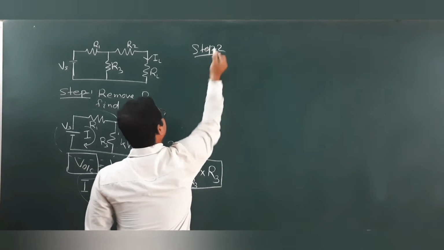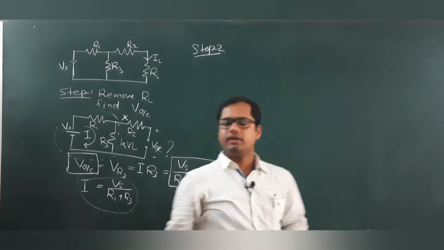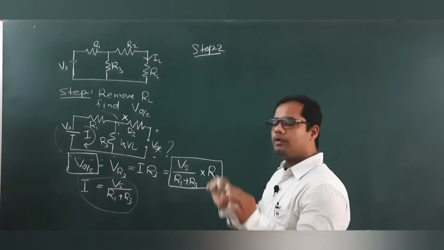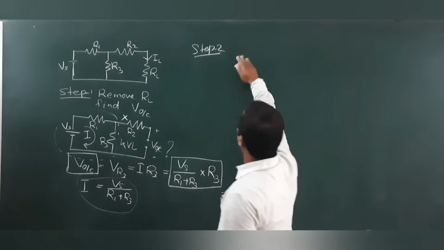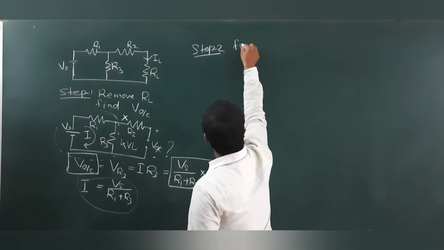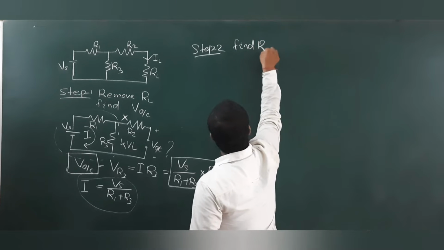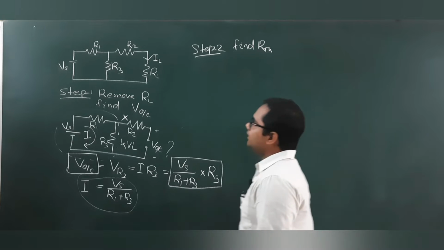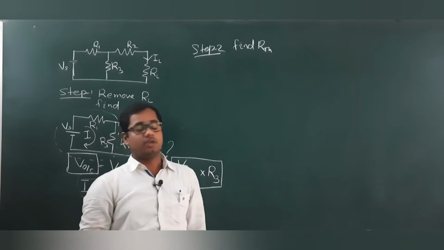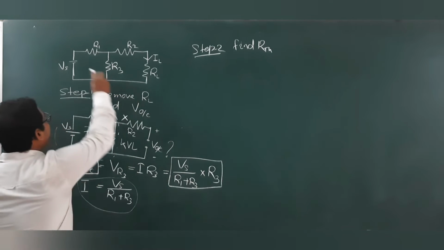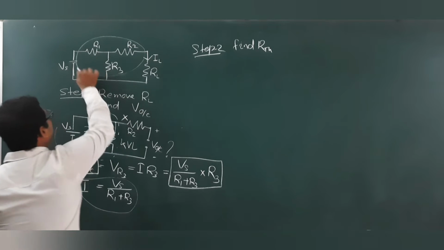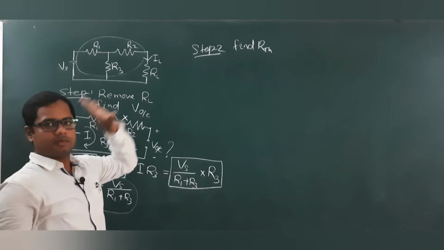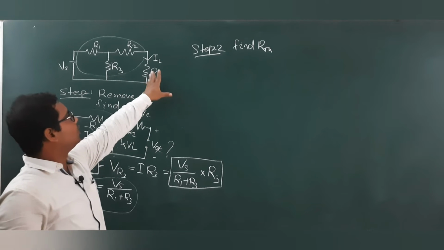Step number 2. In step number 2, you have to remove the load resistance and find your RTH value. So what is RTH? RTH is the equivalent resistance of the circuit. Whatever circuit is given, you have to find the equivalent resistance, and that equivalent resistance must be found from the load side.